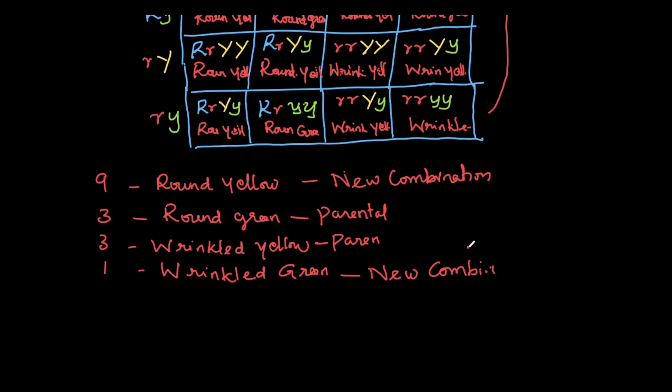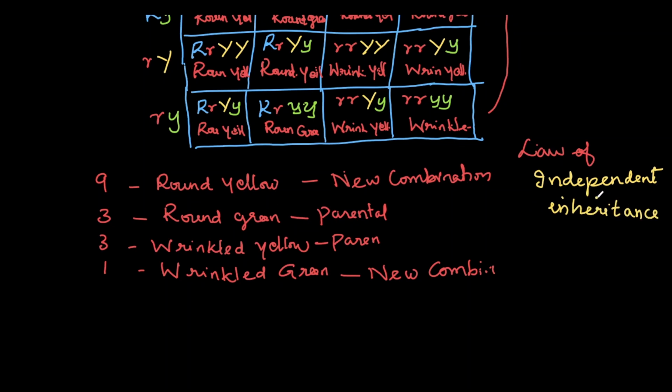So we are able to prove the second law. What is the second law? Mendel's second law, the law of independent inheritance, is proved with the help of this dihybrid cross.